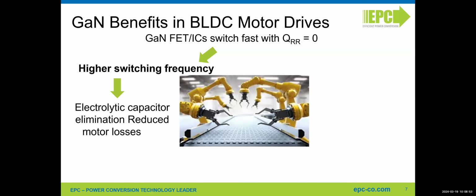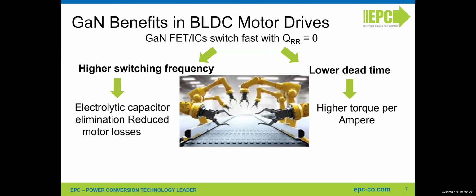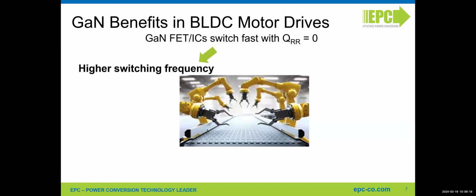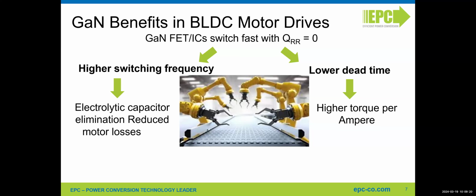We can reduce or eliminate the electrolytic capacitor in the DC bus, and also we can reduce the motor losses. On the other side, since the switching is smoother and there's no oscillation and it's always switching in the same way because there's no reverse recovery, we can have a lower dead time. That means higher torque per ampere in the same motor.